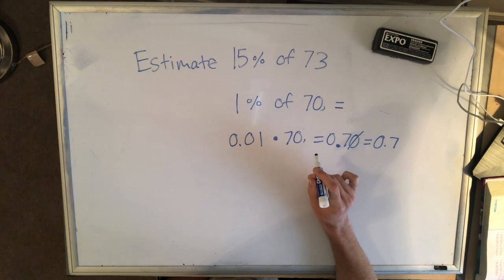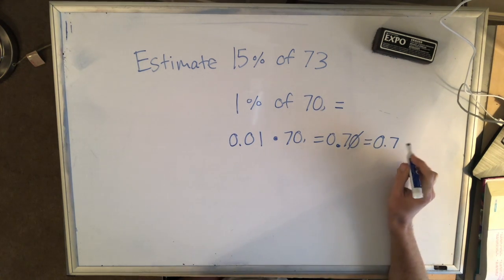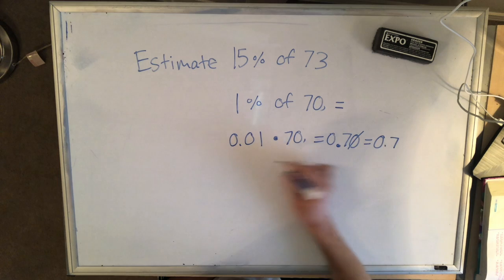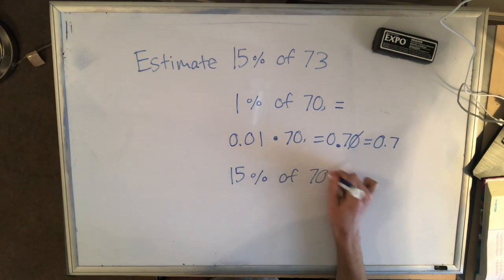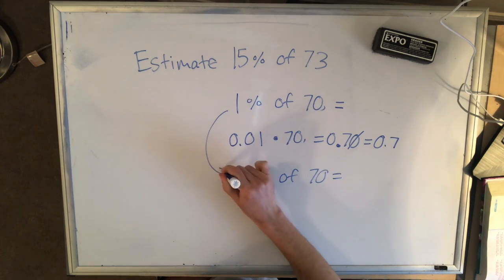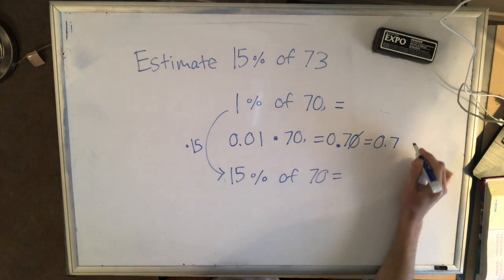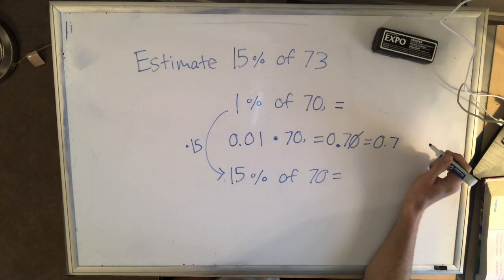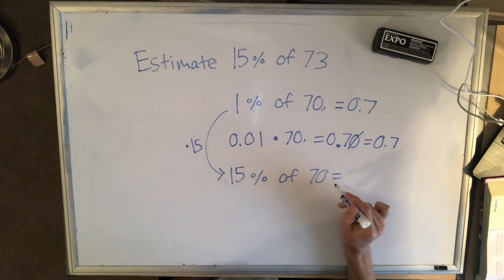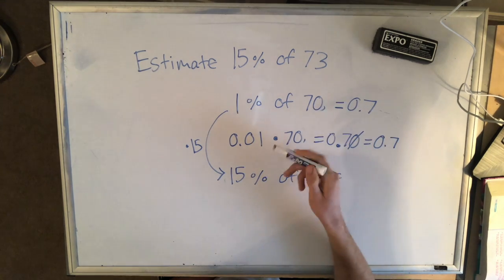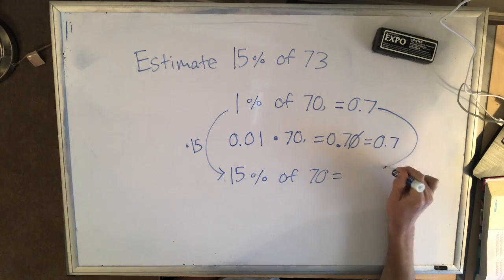And then to find 15%, just multiply by 15. Right? 1% times 15 is 15%. So if 1% of 70 is 0.7, then to find 15% of 70, which is 15 times as much as 1%, you multiply 0.7 times 15.